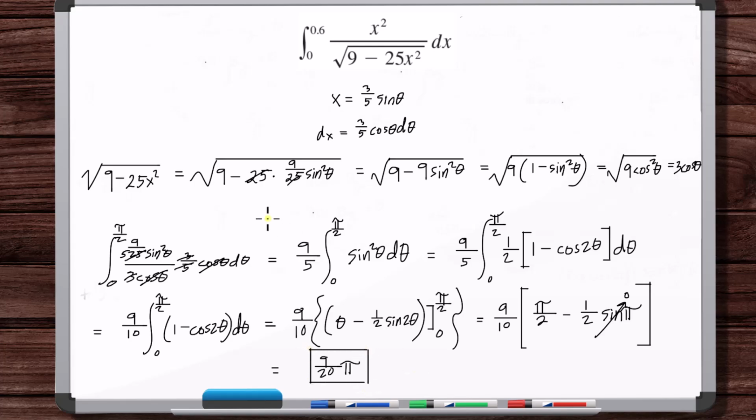Now the answer key is saying it should be 9 over 500 pi. So where did I mess up? It's got to be somewhere in here. dx is right. x squared, we get 9 over 25 in the numerator, and in the denominator, you get just a 3.